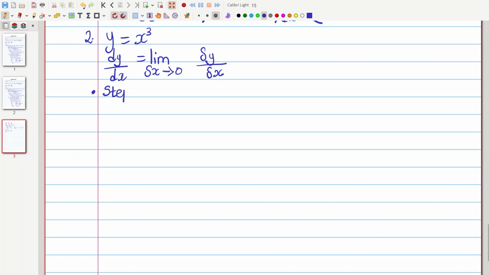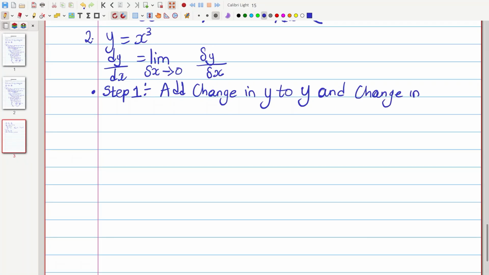Step 1: add change in y to y and change in x to x.